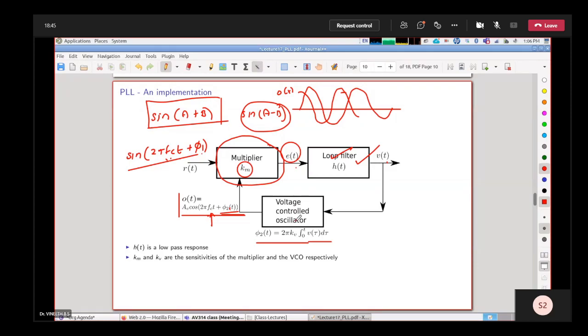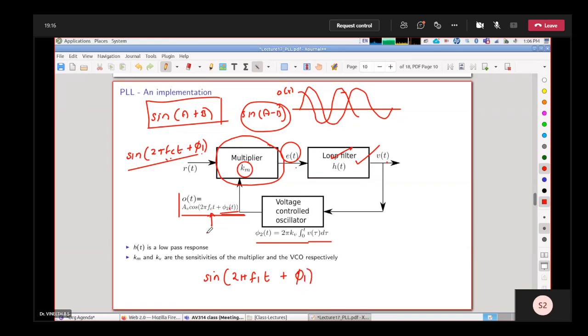Does the free running frequency of the VCO have to be the same as the frequency of the input signal, the carrier? Yeah, I said it like that to simplify things. But even if it is not like that, whatever we are discussing will work. Suppose the input is sine 2 pi F1 t plus some phi 1.